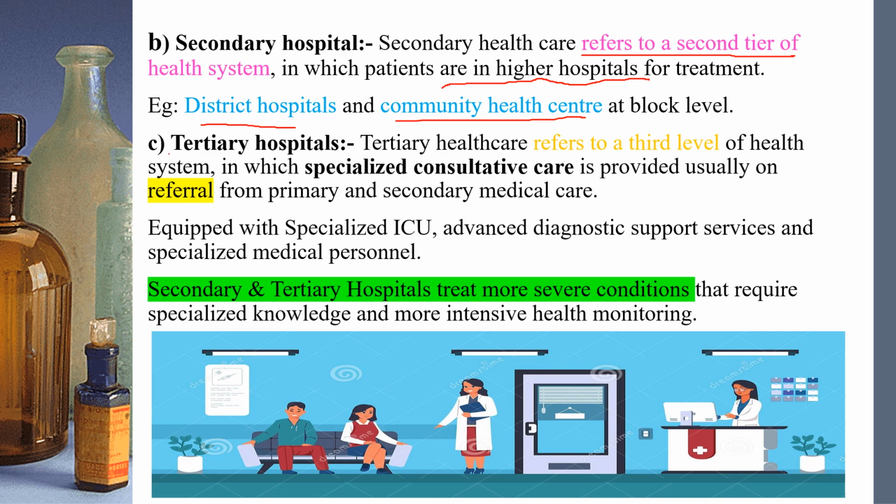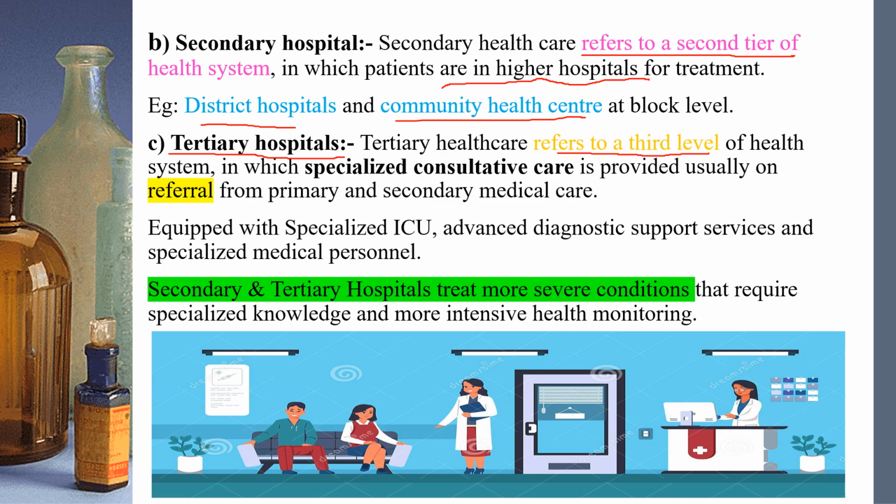Now coming to the tertiary hospitals. These hospitals have sophisticated instruments and they are referred to as the third level of health system, meaning all the facilities will be provided in the tertiary hospitals like the Tata Hospital. Here the patients are usually referred either from a primary hospital or from a secondary hospital.